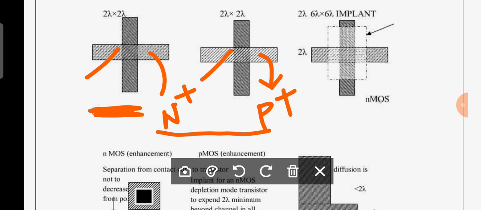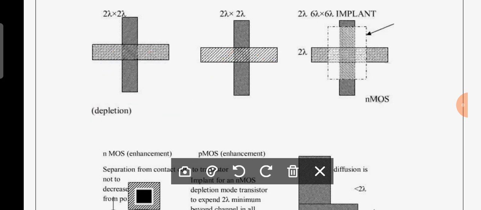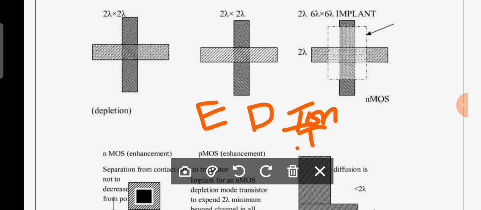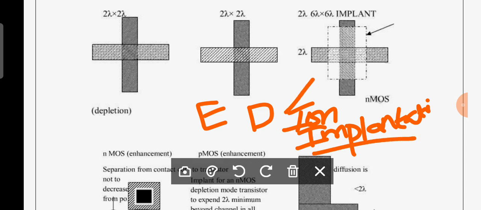We know very well that in the fabrication process, compared to an enhancement mode transistor, a depletion mode transistor has one extra fabrication step. What is that step? Ion implantation. For a depletion mode transistor, you should have an ion implantation step, but in these design rules they simply call it implant.